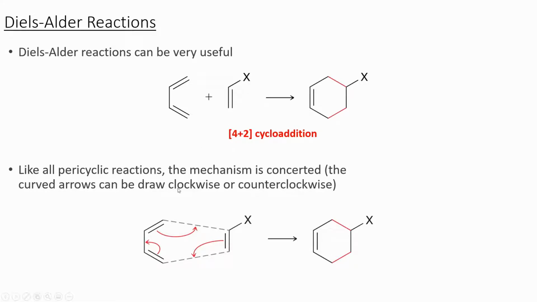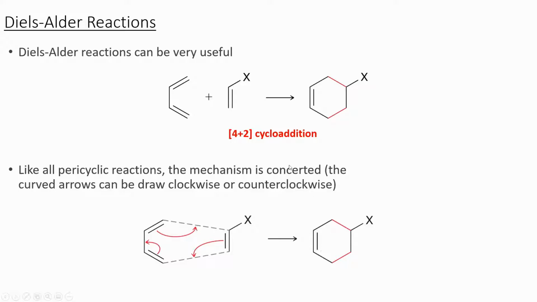And so we can draw out the mechanism for this reaction, and the mechanisms for all three of these types of reactions are going to look fairly similar. We're going to have electrons moving in a ring, each two bonds apart. And you can actually draw the mechanism for this either clockwise or counterclockwise.